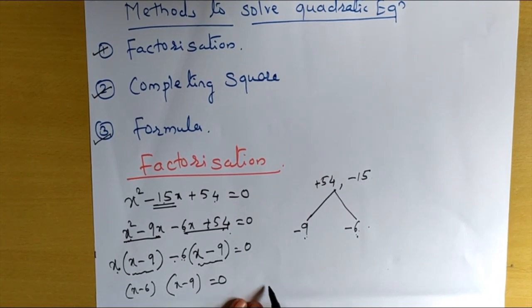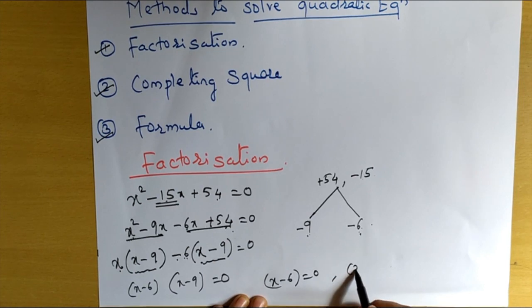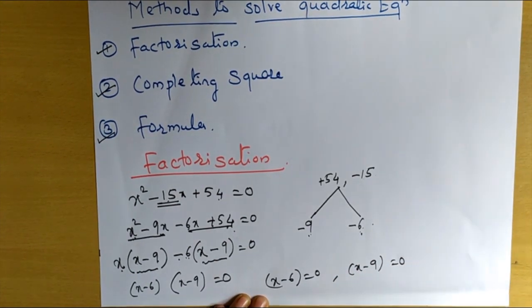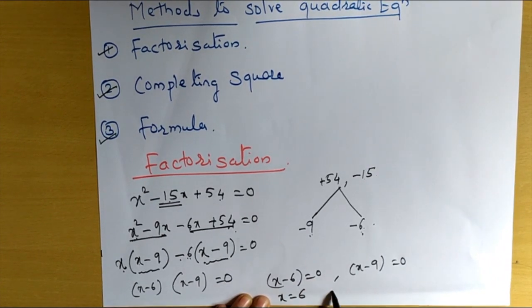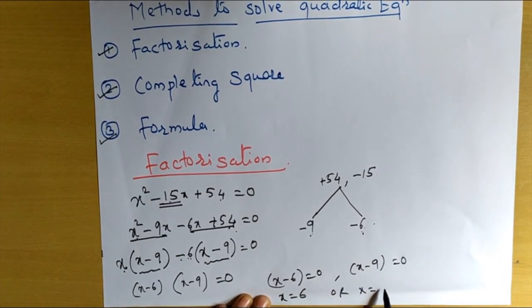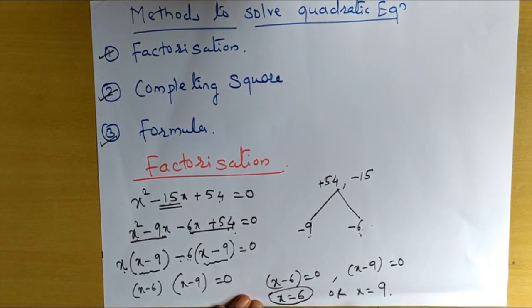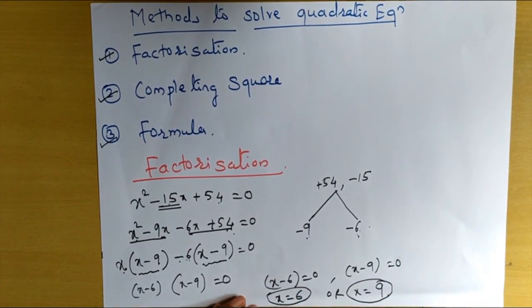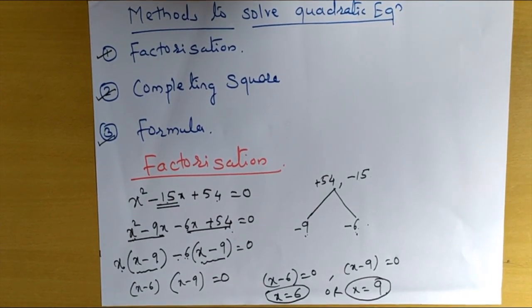Now therefore we get x minus 6 equal to 0 and x minus 9 equal to 0. So x is equal to 6, transferring minus 6 to the other side, or x is equal to 9. So these two are the solutions of the quadratic equation, that is x is equal to 6 or x is equal to 9.